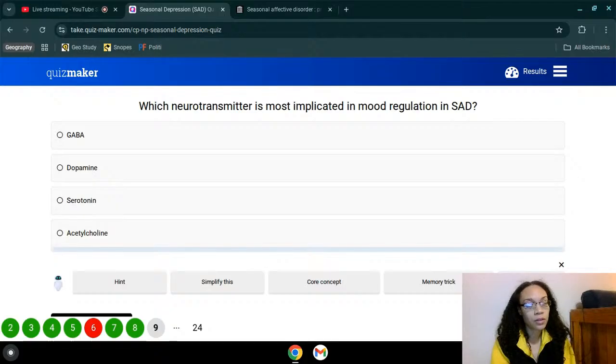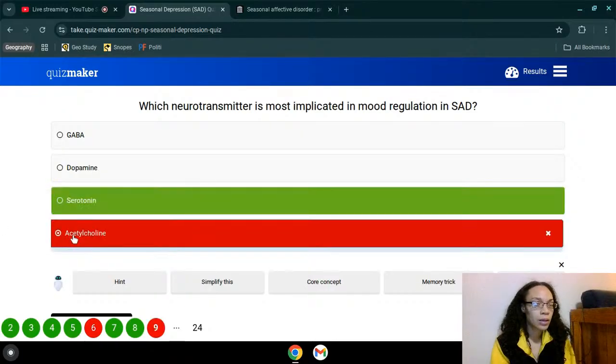I don't think dopamine and serotonin are neurotransmitters. I think it's acetylcholine. It's serotonin. They're transmitters. Okay.